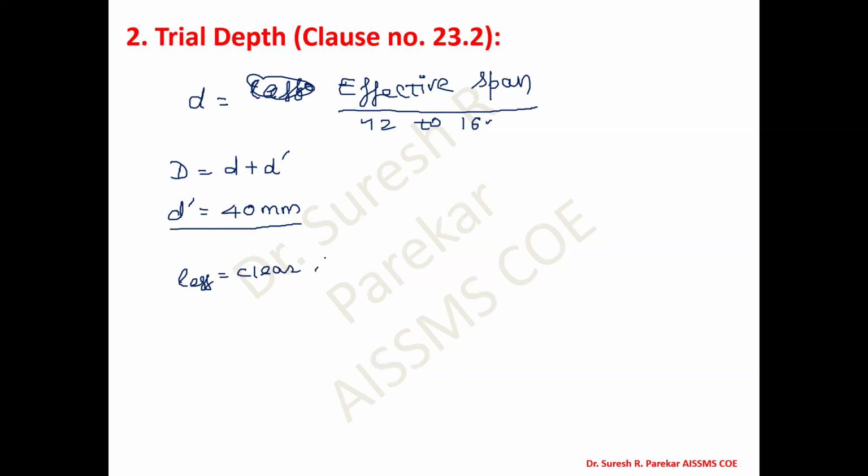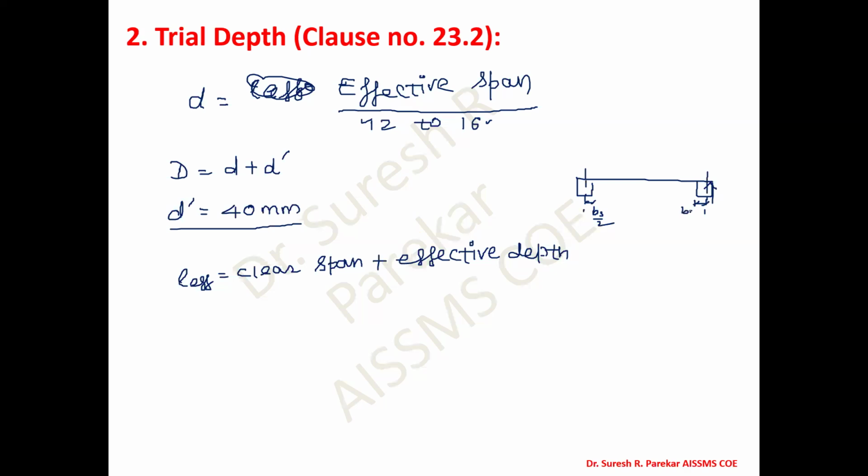Now you can check your value of L effective, which will be clear span plus effective depth. But what happens in this case? In this case, your value of effective depth is always greater than the center to center distance. Sorry, that is, when we find the center to center distance, we are going to add the width of support from both sides, bs by 2 from this side and bs by 2 from this side.